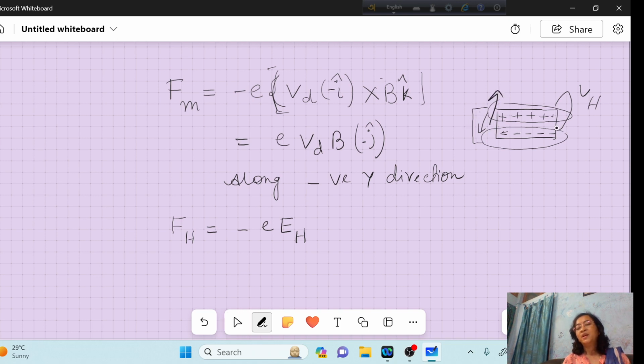So the deflection of electrons will be downwards due to the magnetic field and upwards due to the Hall field. At steady state, these two will be equal.